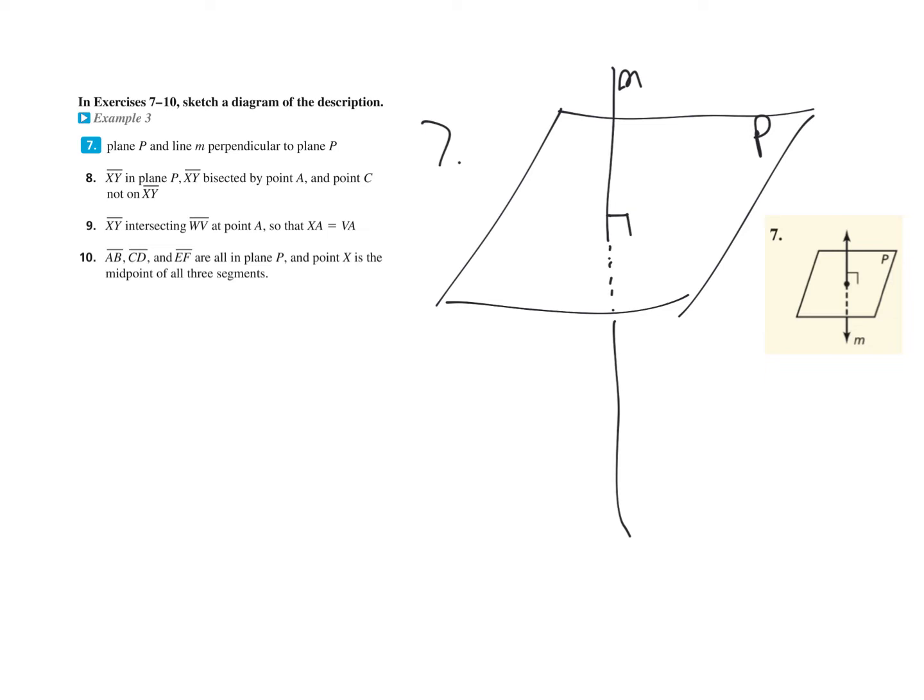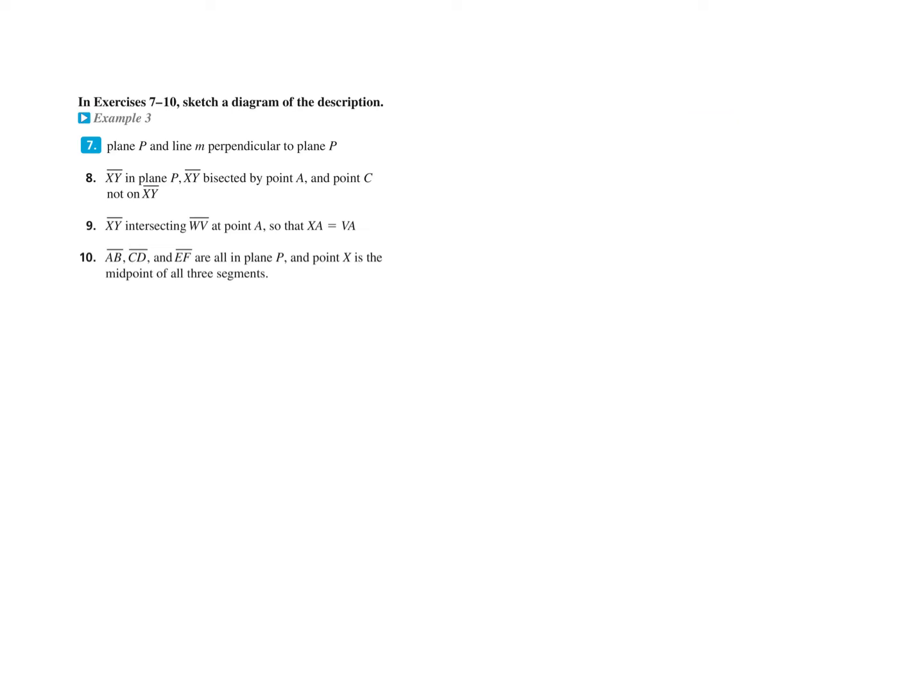Let's get rid of that and do number 9. Segment XY intersects segment WV at a point A. You can think of 2 segments like that, but you have to be careful. How are they intersecting? It says that XA is equal to VA.